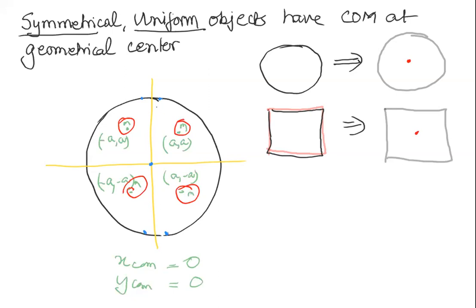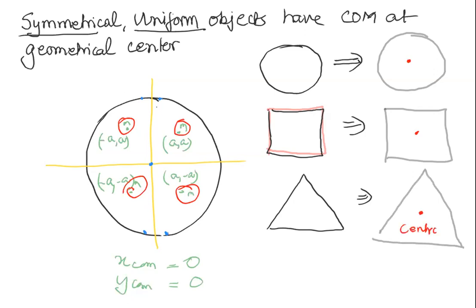And a triangle, if you have figured it out, will be replaced by a point particle located at the centroid. Is this understood by everyone? Symmetrical uniform objects have center of mass at the geometrical center.